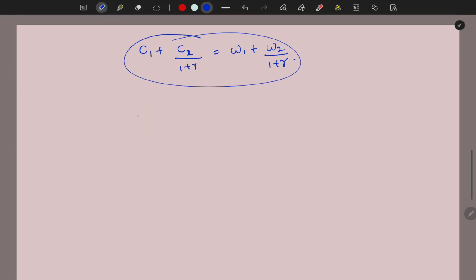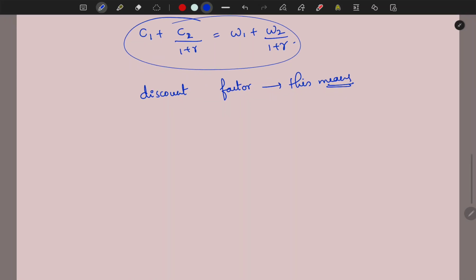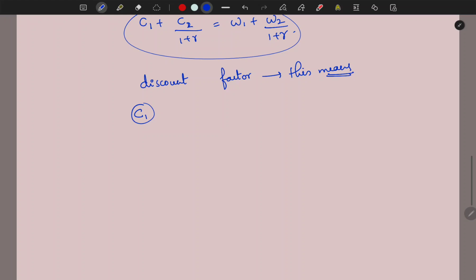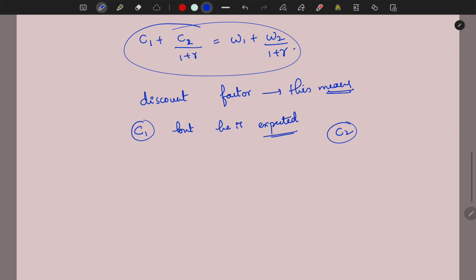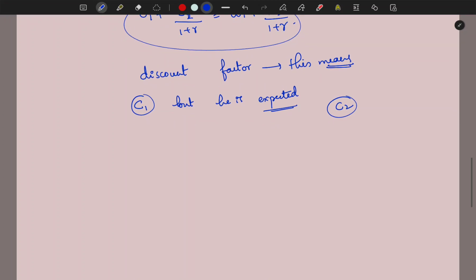And there is one more thing called discount factor. What does this mean? This means there is a person, he is consuming C1, but he is expected to consume in C2 also, but he has this thing called impatience to consume in C2.